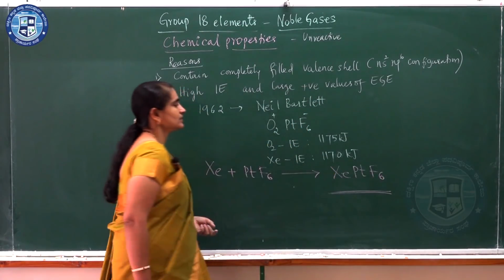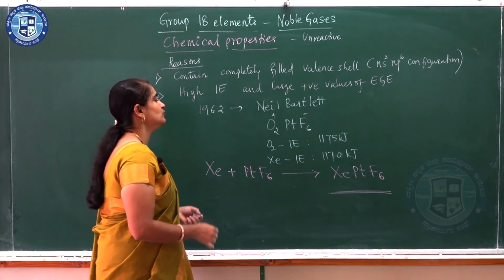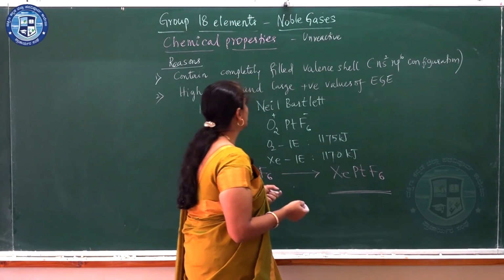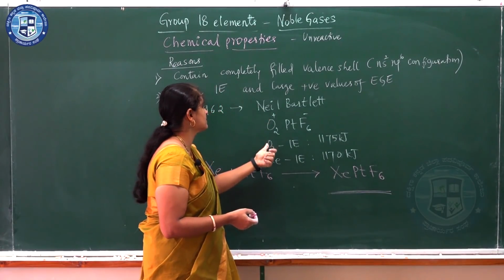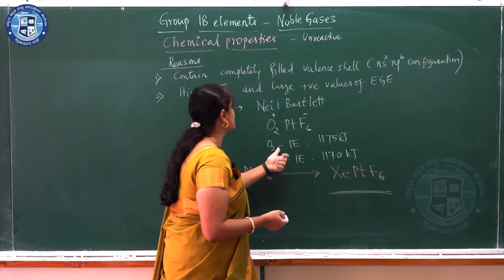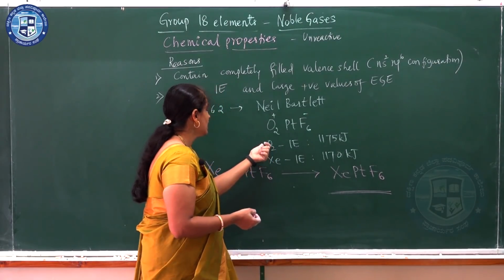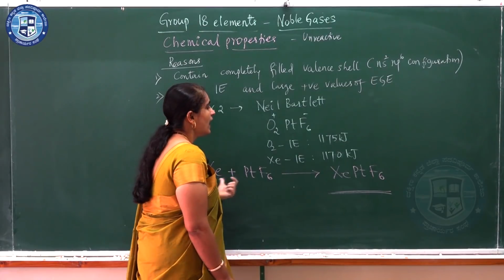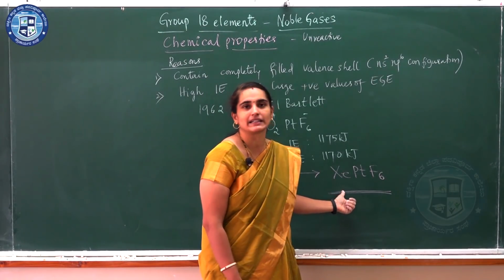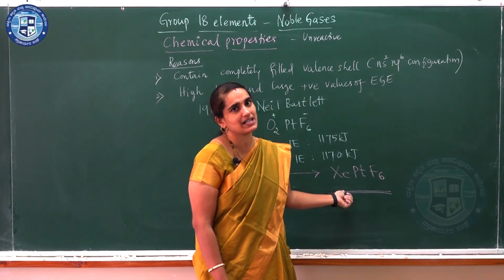This was the first noble gas compound, prepared by Neil Bartlett. In comparison with the ionization energies of molecular oxygen, he replaced oxygen by xenon and was successful in getting the first noble gas compound.